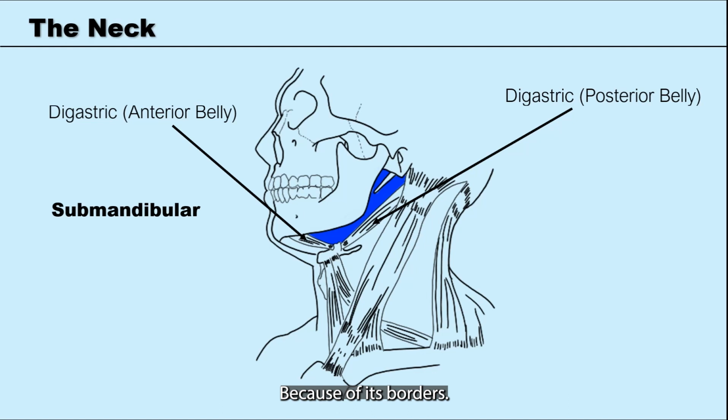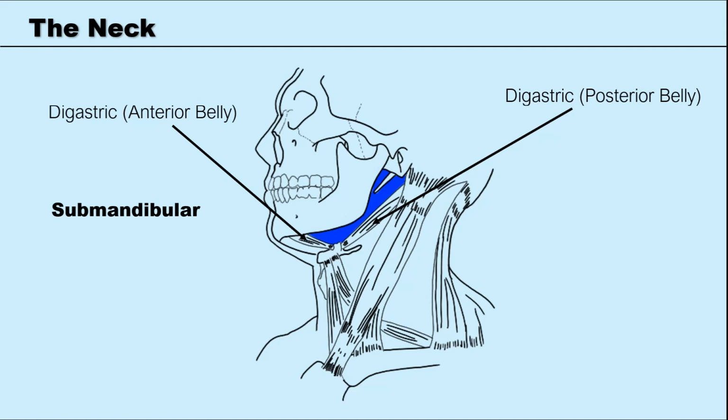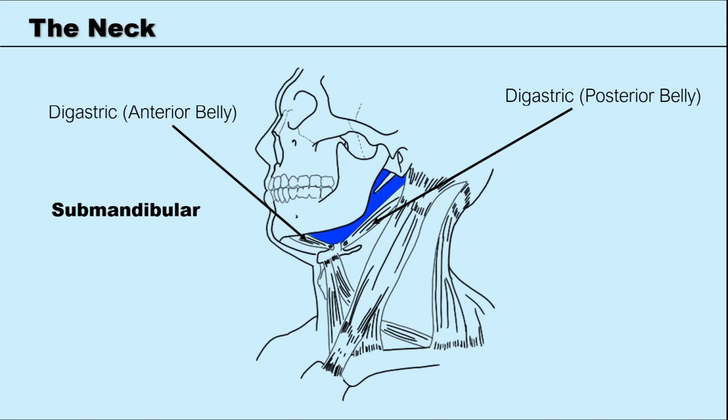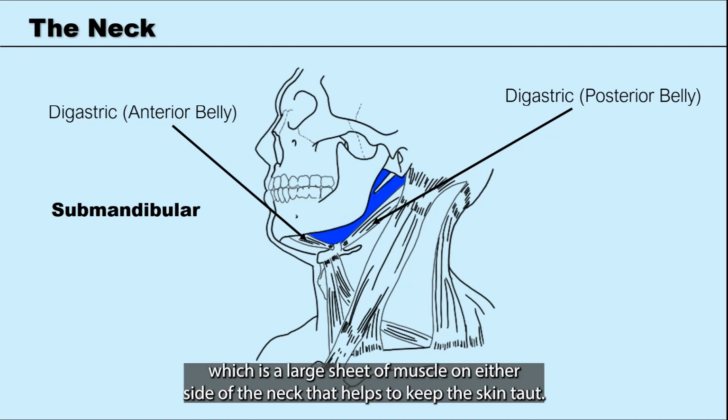Because of its borders, some texts will refer to this as the digastric triangle. The roof of this triangle is formed from superficial cervical fascia, which is a sheet of cells that help prevent the sticking of muscles to each other. And it's also covered by the platysma muscle, which is a large sheet of muscle down either side of the neck that helps to keep the skin taut.